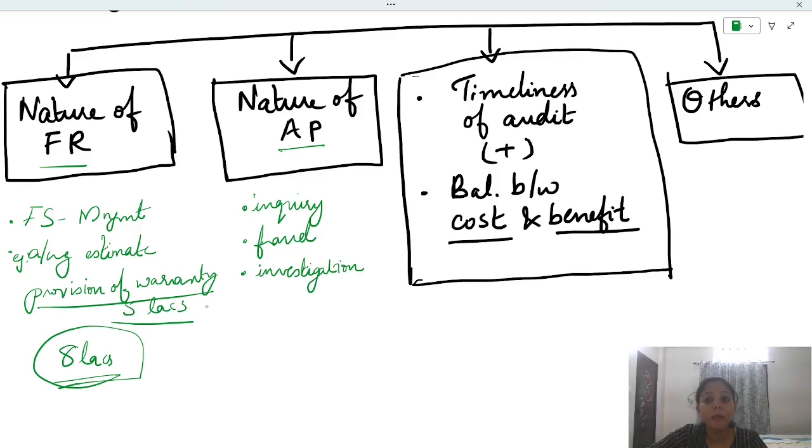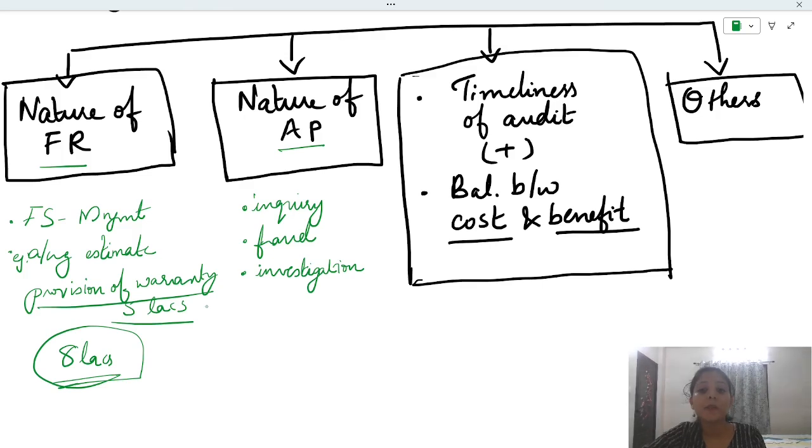Now regarding the timelines of audit, the users expect us to complete our audit within a particular time frame. So we can't extend beyond that. So there is a limitation to the time as a whole. So we will be able to complete those that are relevant. As we have told earlier, we are not going to sit and audit each and every transaction. Those that are material are those which we pay attention to, right?